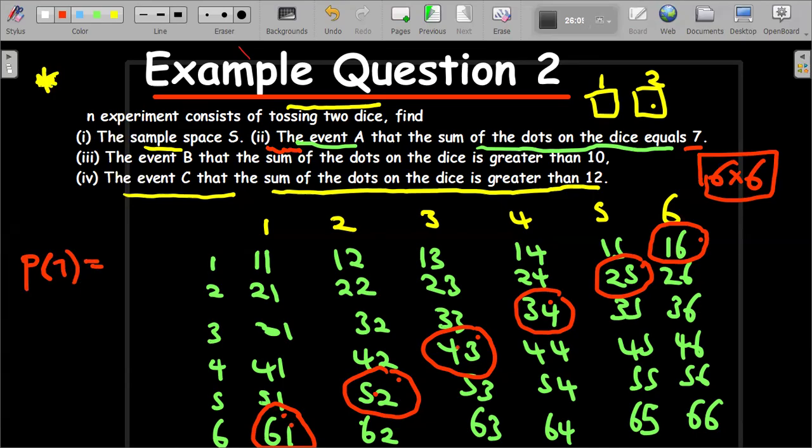We said 1, 2, 3, 4, 5, 6. So it will be 6 over 36. And then you divide. Okay, so 6 into 6, it is 1. 6 into 36 is just 1 over 6. So this one here is the event that the sum of the dots will be equal to 7. Okay, so any questions there?